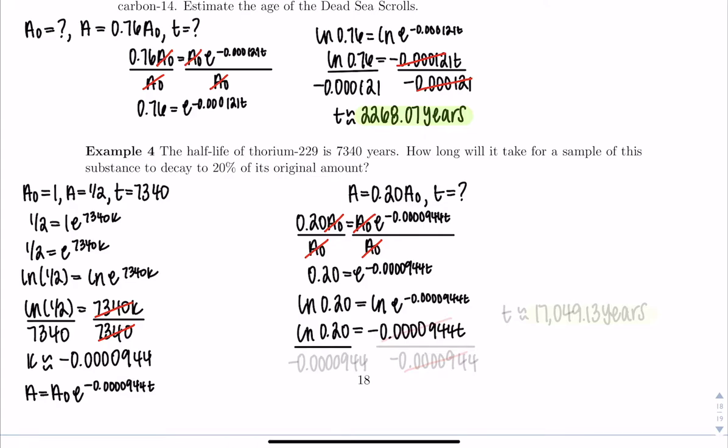Our last step is to divide by this really long decimal. And so the approximation of t is about 17,049.13 years.